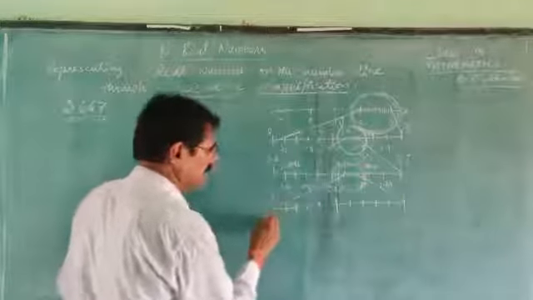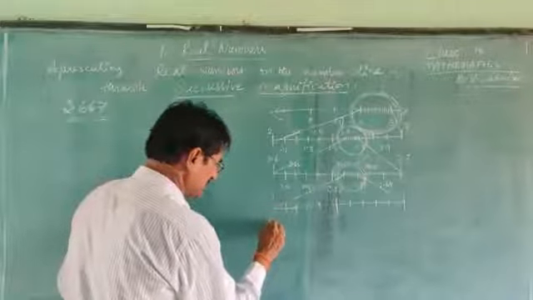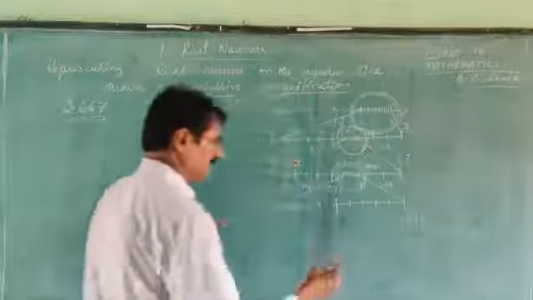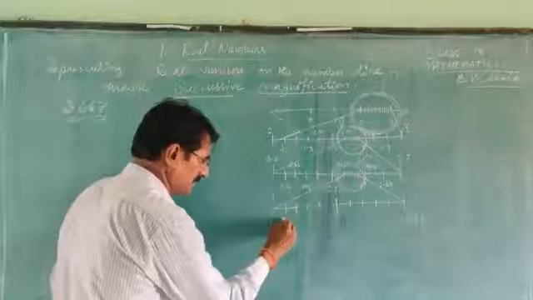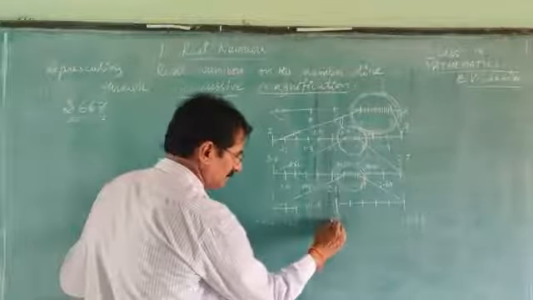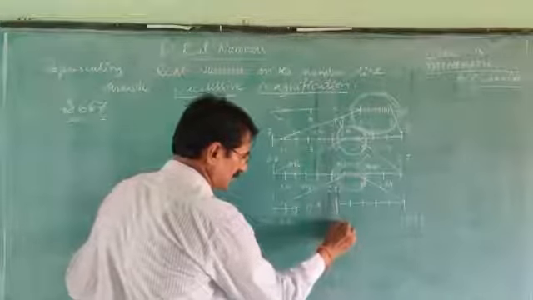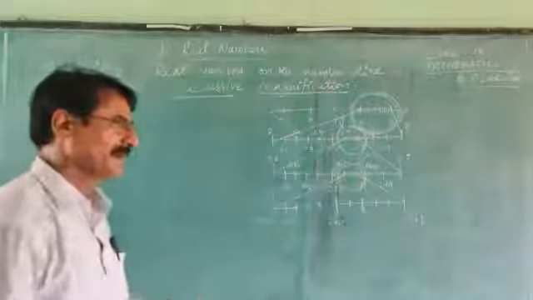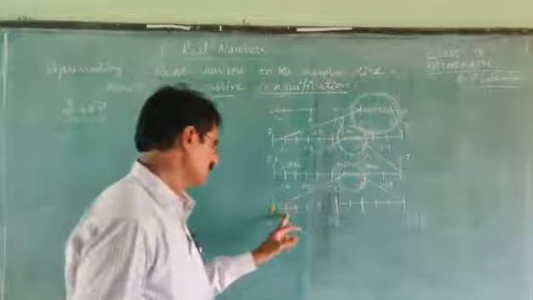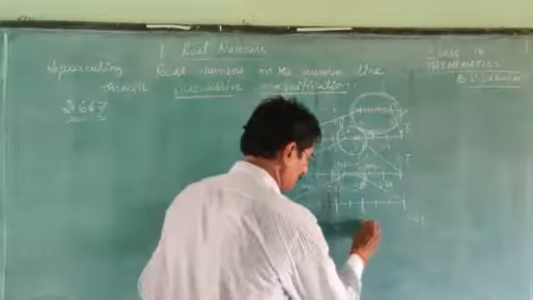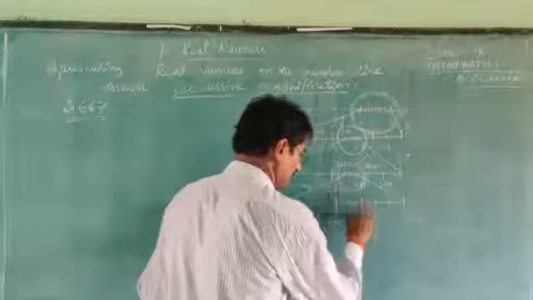That means this is 2.66 and this is 2.67. Between these two, what is the first mark? 2.661. The center one is 2.665. This one, the seventh point: first, second, third, fourth, fifth, sixth, seventh. It is 2.667.